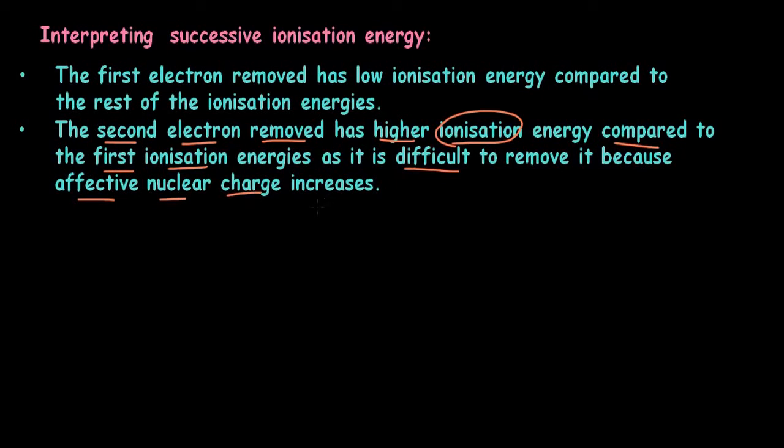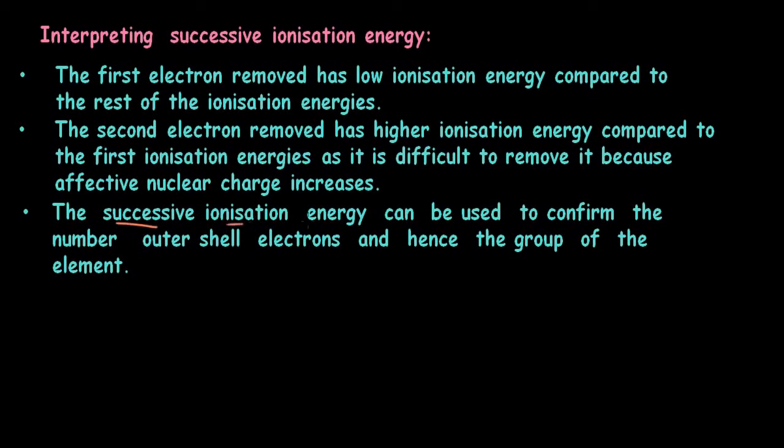The number of protons remains the same, but the number of electrons is lesser, so the attractive force between the nucleus and the remaining electrons is much higher. The successive ionization energies of any element can be used to confirm the number of outer shell electrons, and hence we can also find out the group of that element.